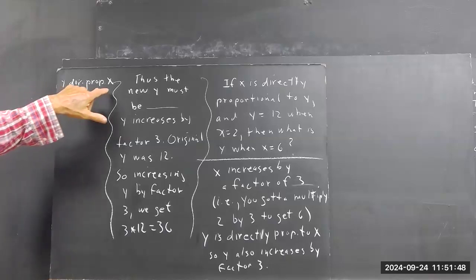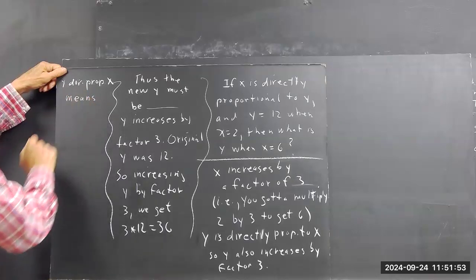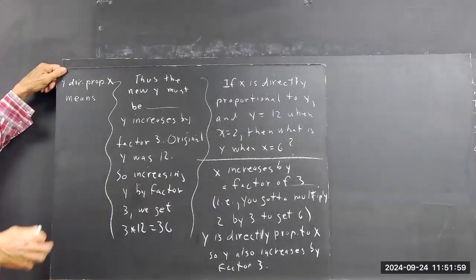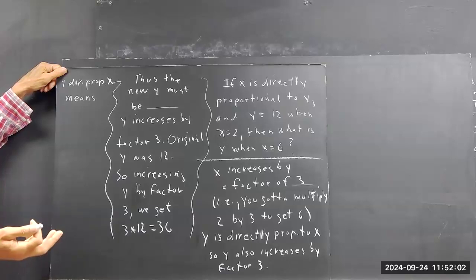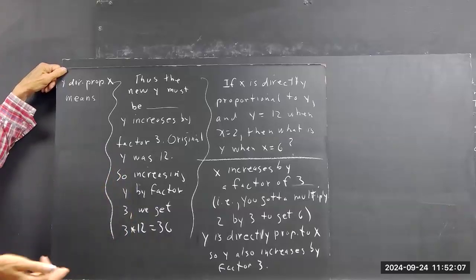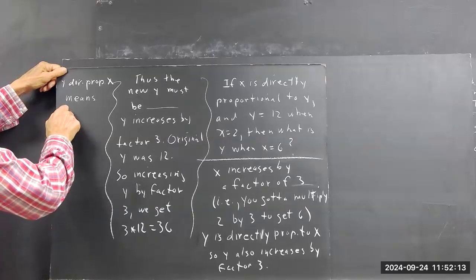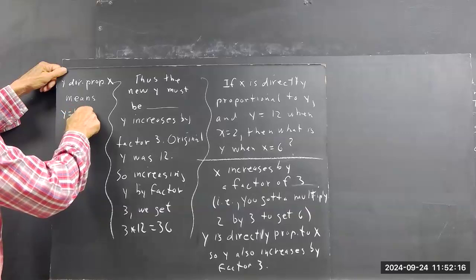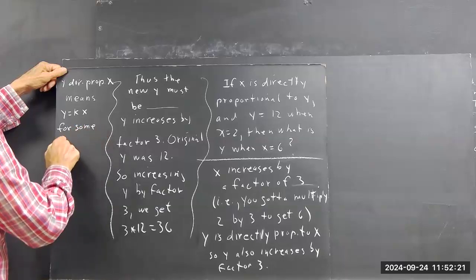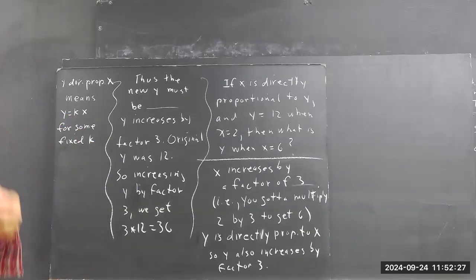Y is directly proportional to X means, among other things, it means this: whatever you have to multiply X by, you have to multiply Y by. They increase by the same factor, or they change by the same factor, could be a decrease. Y directly proportional to X also means y equals kx for some fixed value of k.